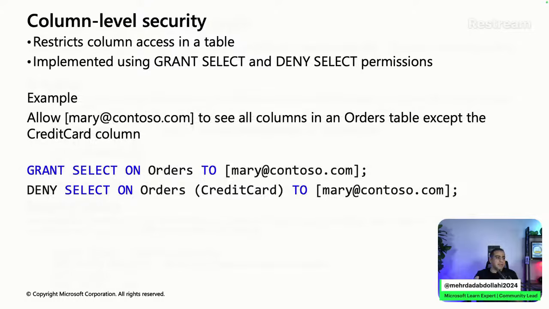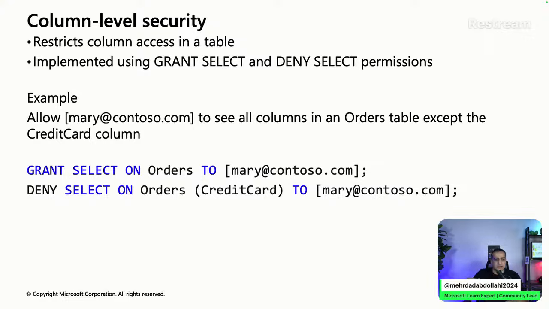An example can be allowing Mary to see all columns in an order table except the credit card column. It is going to just say grant select on orders to that specific person and deny select on orders credit card column to Mary.